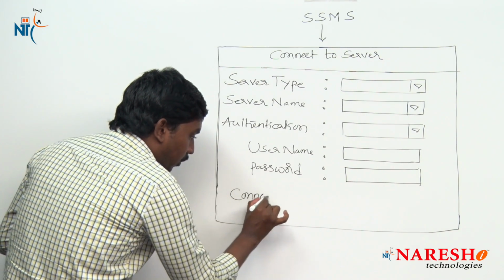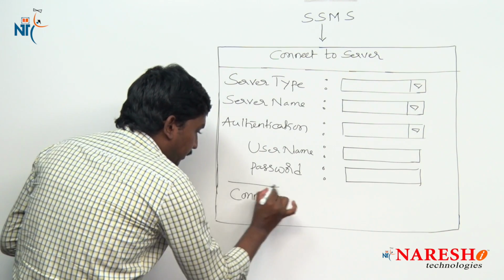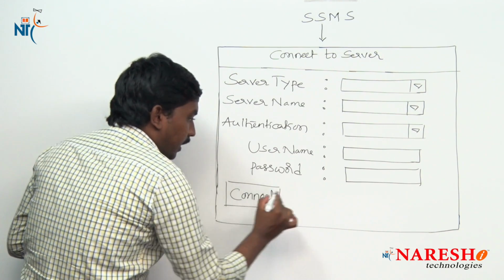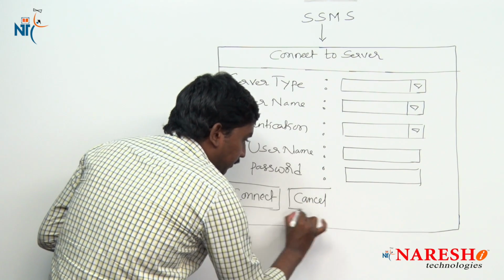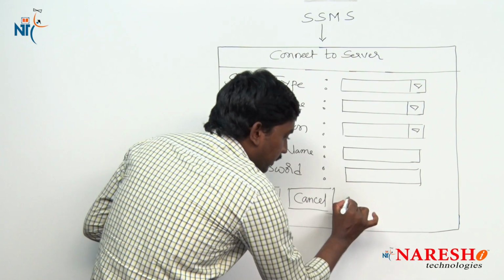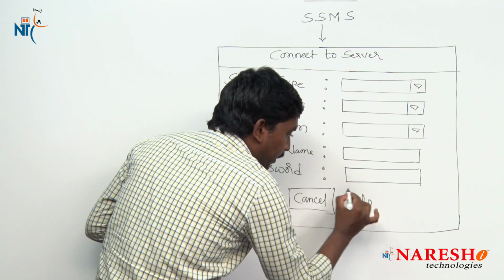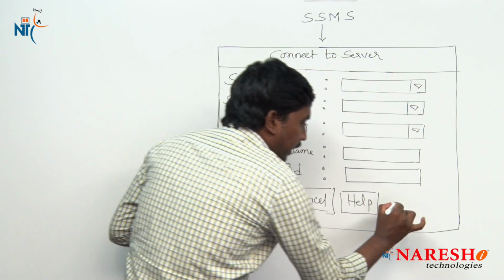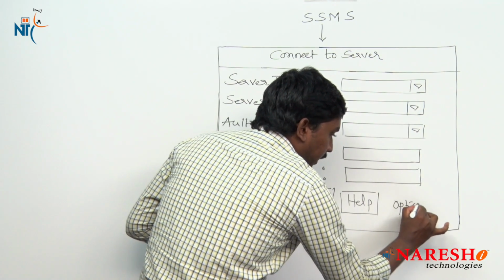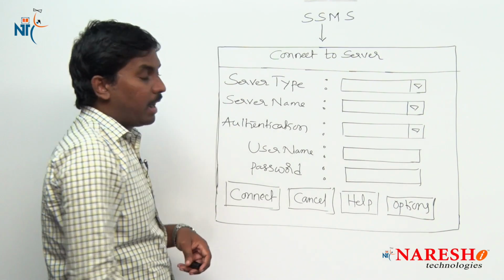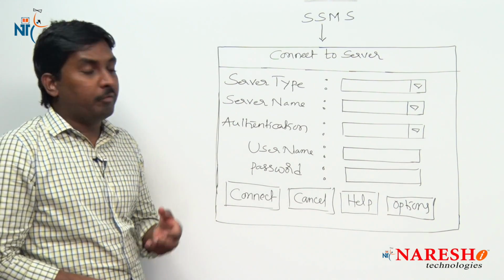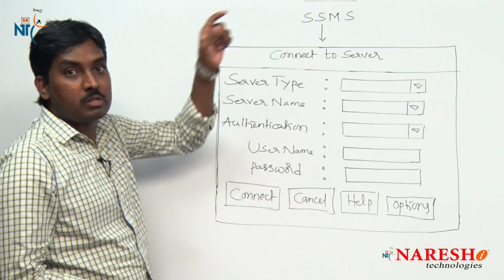My first button is the Connect button, next the Cancel button, next the Help button, and one more option called the Options button. This is the window that is displayed after clicking the SSMS icon.